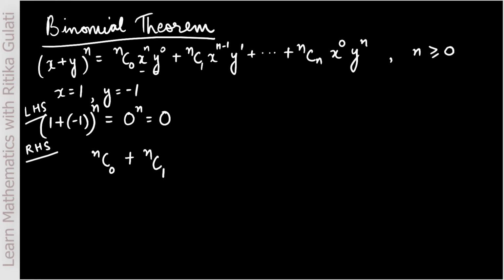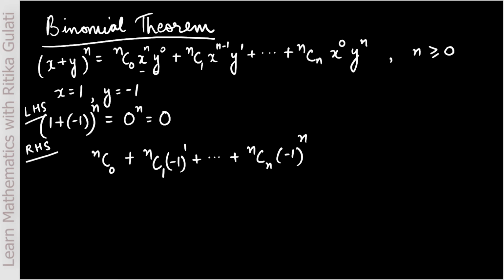Now 1^(n-1) is 1, (-1)^1, plus till nCn (-1)^n. So this we will have on the right hand side.